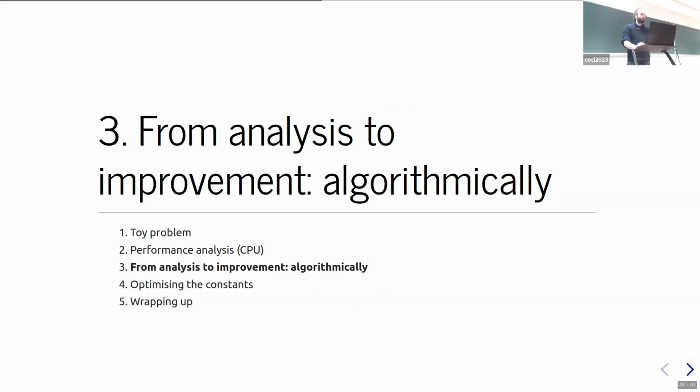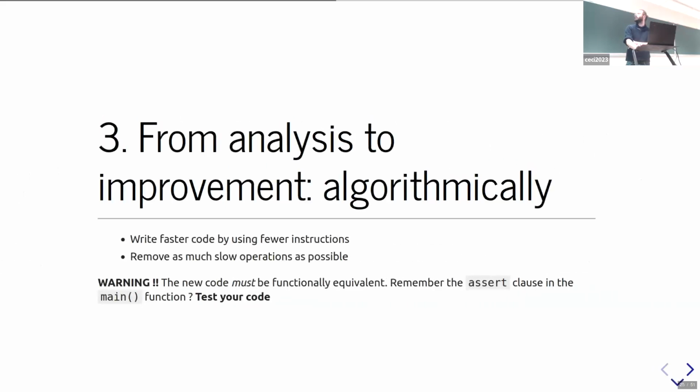Here we move from the analysis part to the optimization part. I know what I need to focus on and I want to do it intelligently. So first I'm going to focus on the algorithm, more precisely the implementation of the algorithm. I want to write faster code using fewer instructions. That's most often true in Python. If you want faster code, just write less code and it works best.